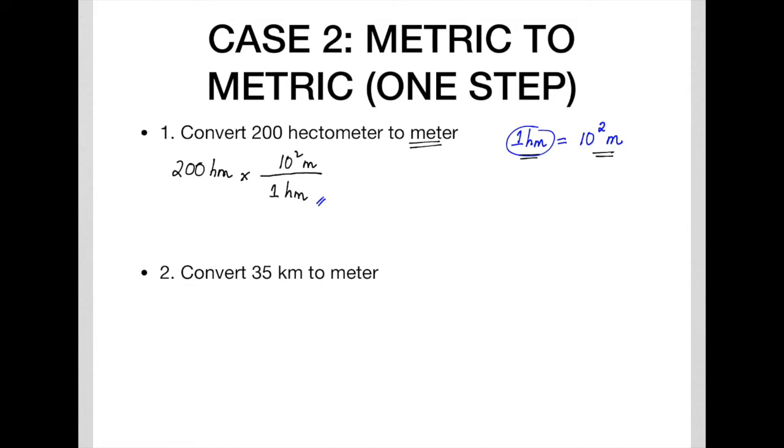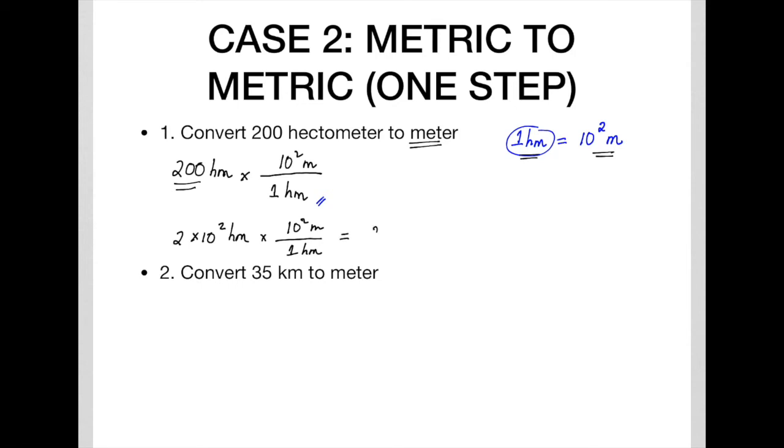In order to facilitate it easily, let me convert this into scientific notation. So this one is 2 times 10 raised to 2 hectometer times 10 raised to 2 meter over 1 hectometer. Therefore, what will be my final answer?